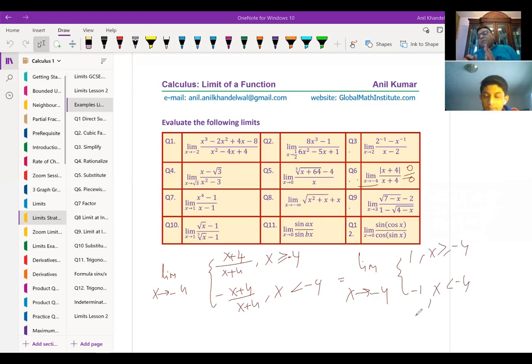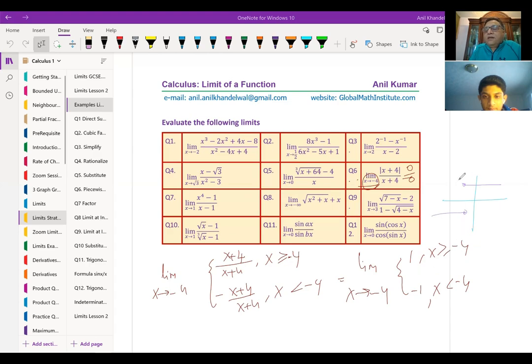So at minus 4, we want to find the limit. What is the limit at minus 4? There are two values, right, sir? So the limit does not exist. At minus 4, we find the value is plus 1 from the right side and minus 1 from the left side.